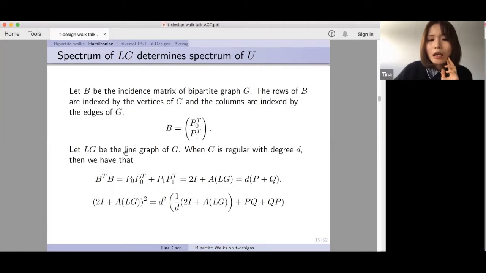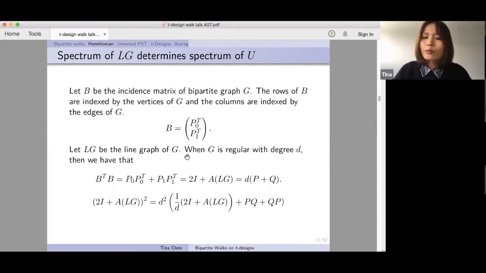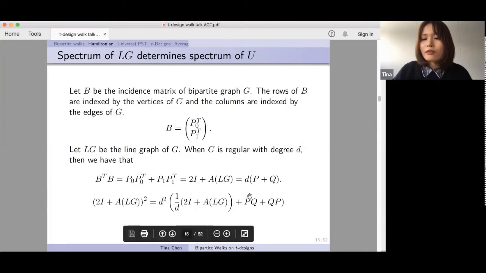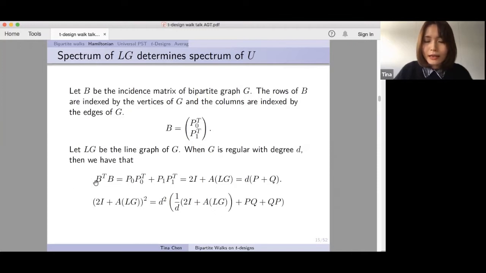We let LG be the line graph of the bipartite graph. When the graph is regular with degree d, B transpose B can be written in terms of the identity and the adjacency matrix of the line graph. Because of this form, we can also write it as the sum of two projections, P and Q. Then we take the square of these equations and use the fact that P and Q are projections.